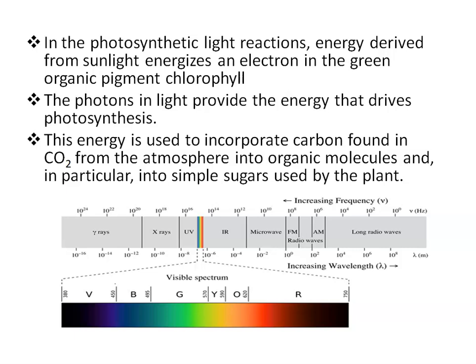So photons in the light provide the energy that drives photosynthesis, right? This energy is used to incorporate carbon found in carbon dioxide from the atmosphere into organic molecules, and in particular into simple sugars used by the plant.